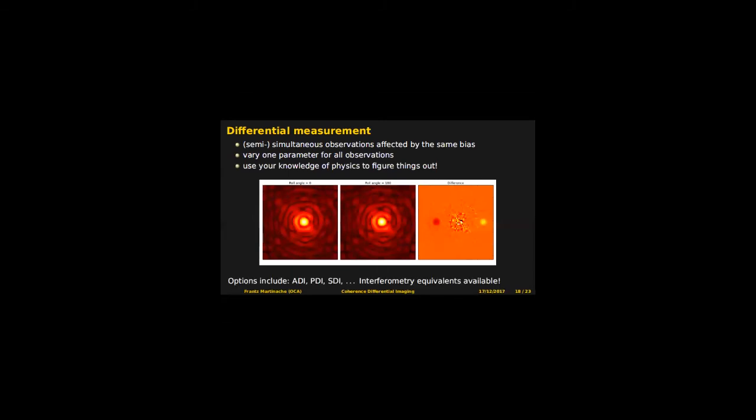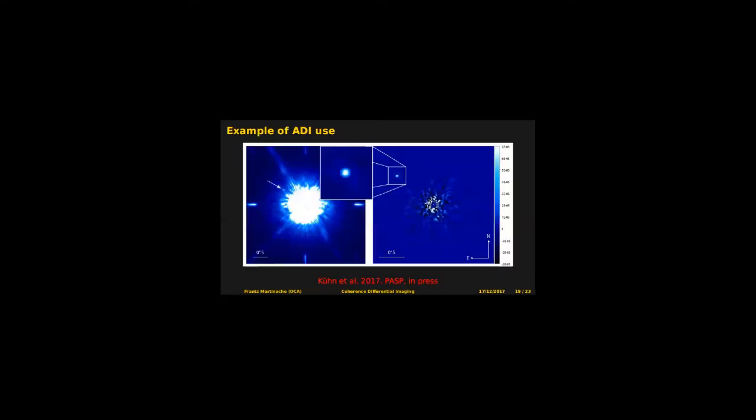Other options, of course, include doing the same thing with two images of two different polarizations, or two images in two different spectral bands, or two images with two different modulations with coherence. I'll talk about this. In practice, this is what you get if you look at a raw image produced by one of those large telescopes. This is a super telescope, and you have something.